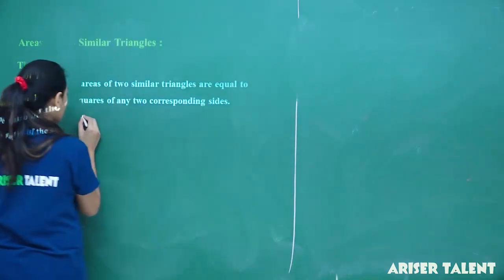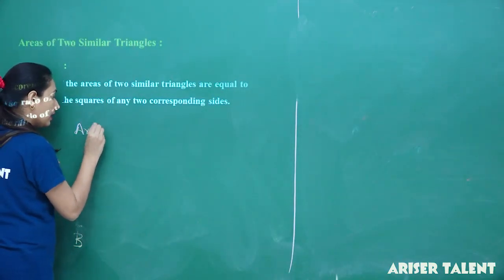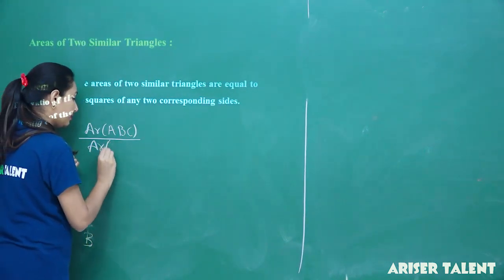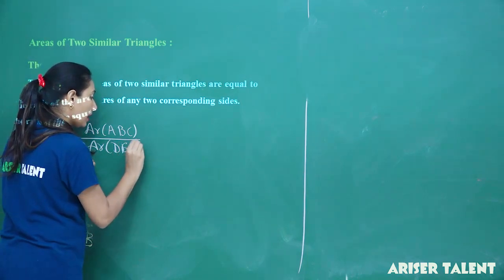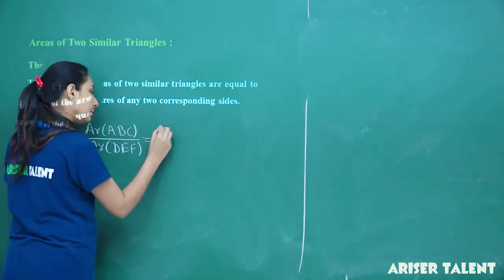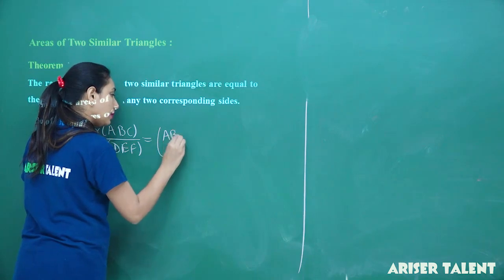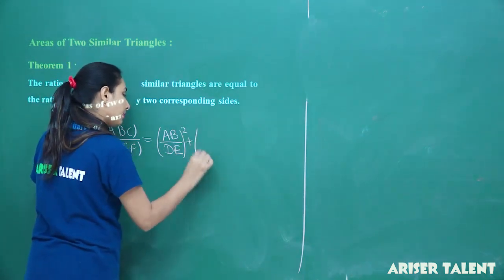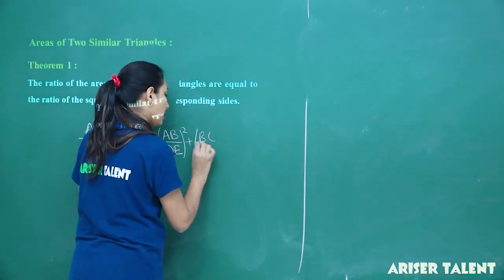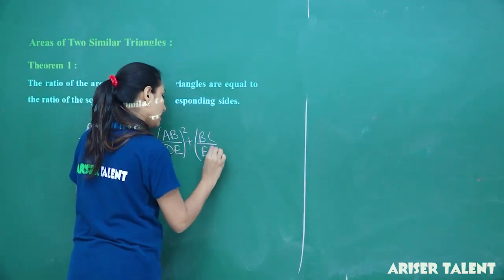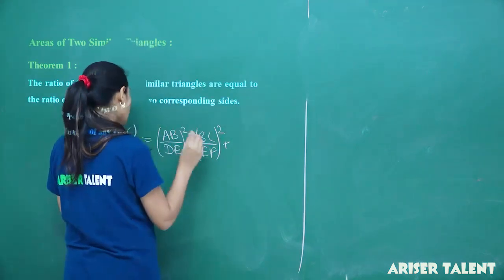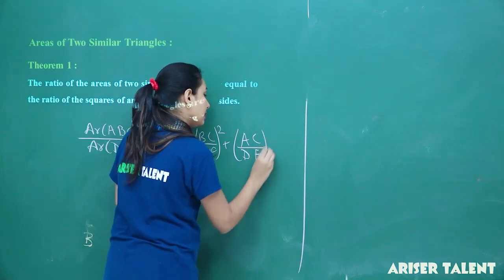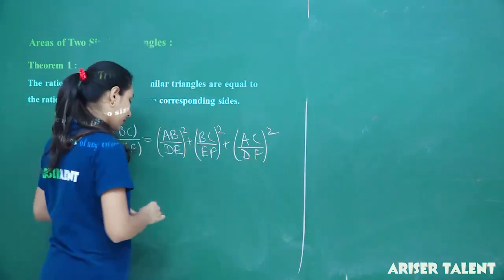So area ABC by area DEF, what we have proved, that will be AB by DE square equals BC by EF square equals AC by DF square. Right students?